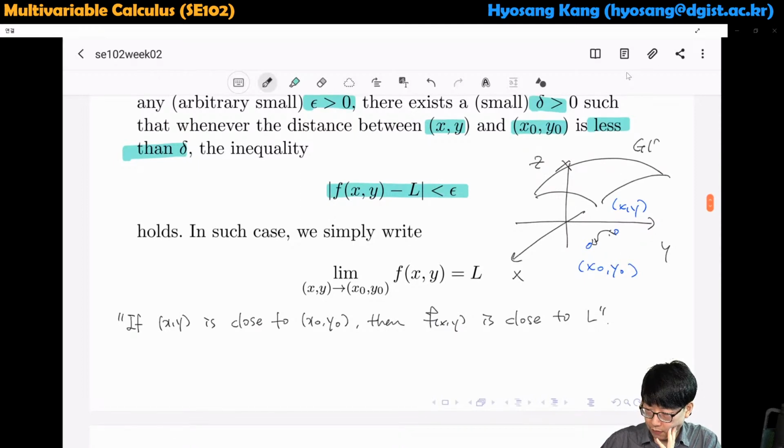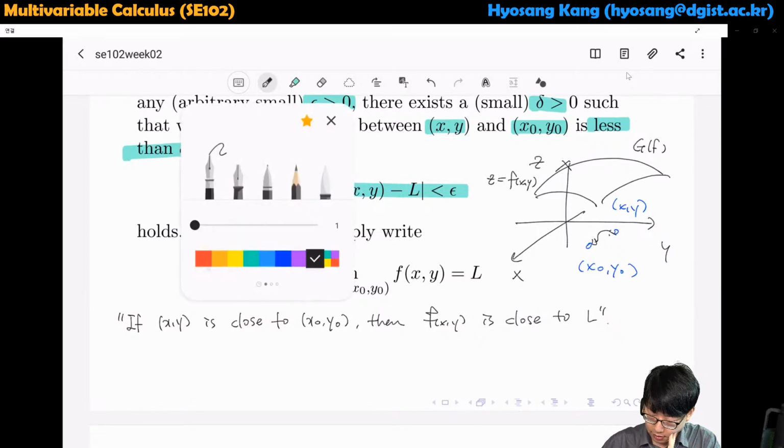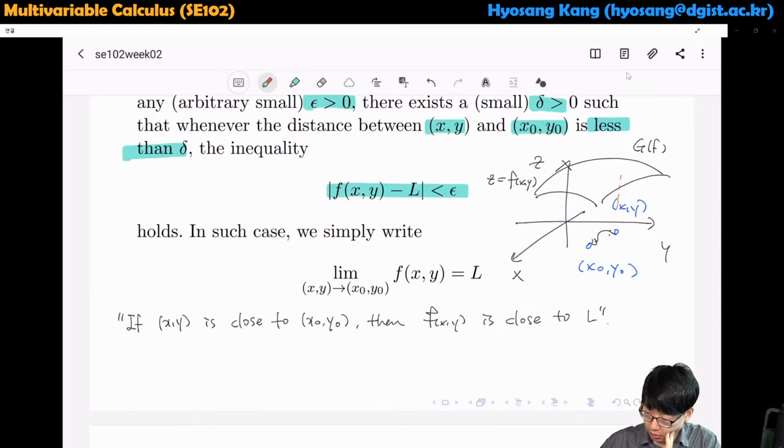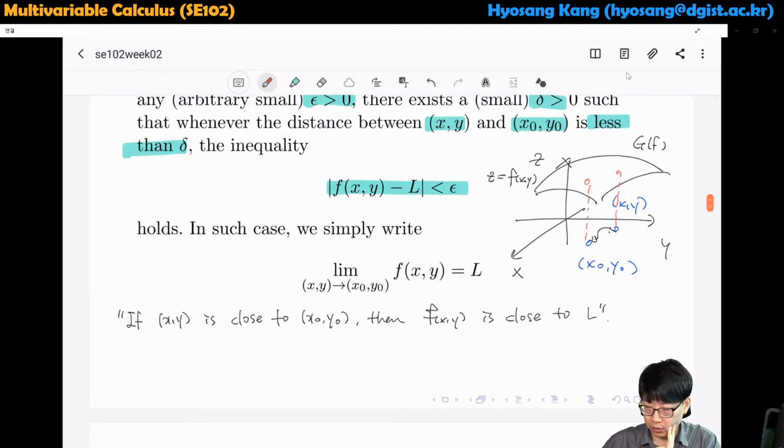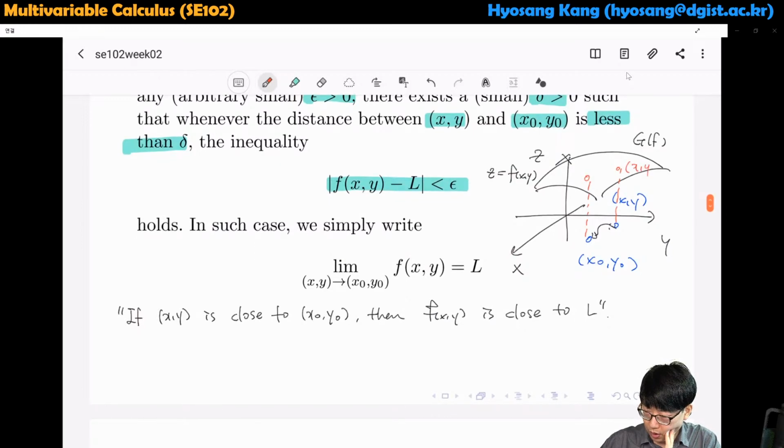So this is the graph of the function z equals f(x, y), and there are points corresponding to this (x, y) and (x0, y0).